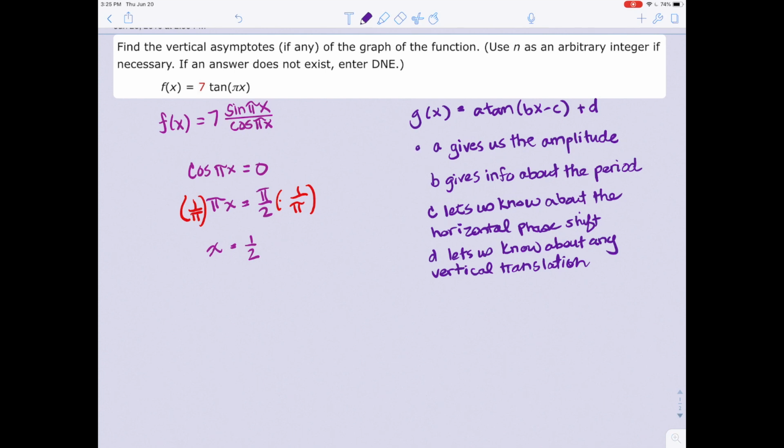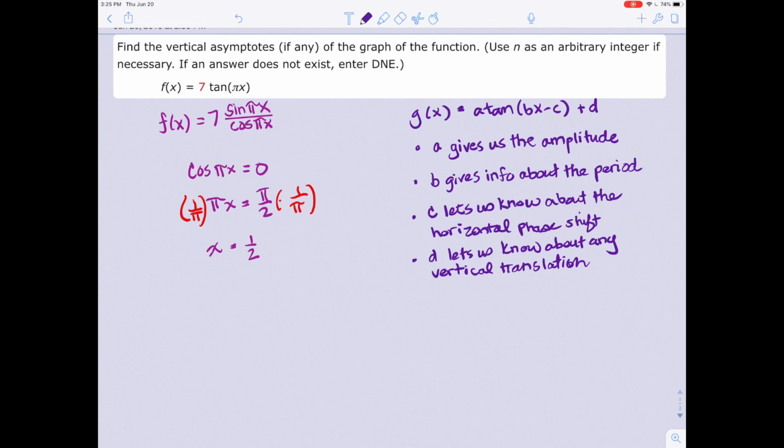So what we want to use here is the information for b, right, about giving information about the period. Since the period for the regular tangent function is pi, every pi units the graph will repeat itself if you didn't have the pi x there.